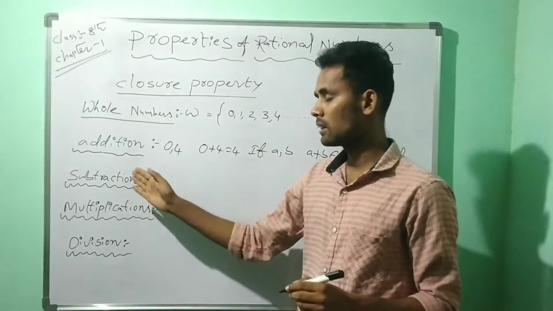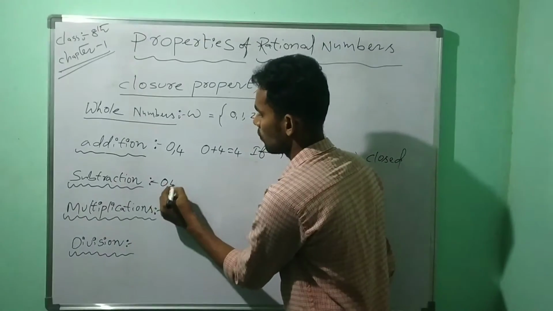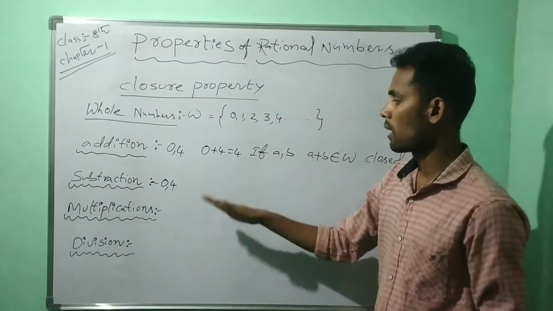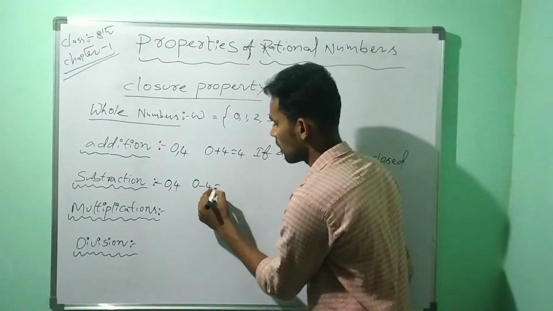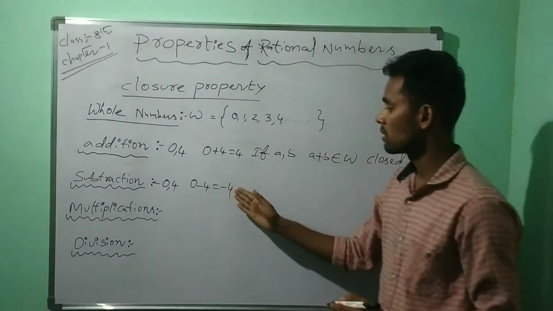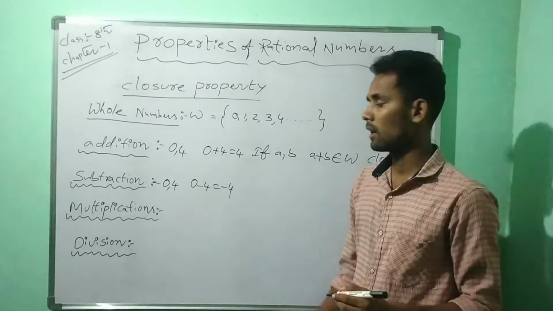Now discuss subtraction. 0, 4, any two whole numbers, what is the difference? 0 minus 4 equals minus 4. Minus 4 is not a whole number. Actually, minus 4 is an integer.